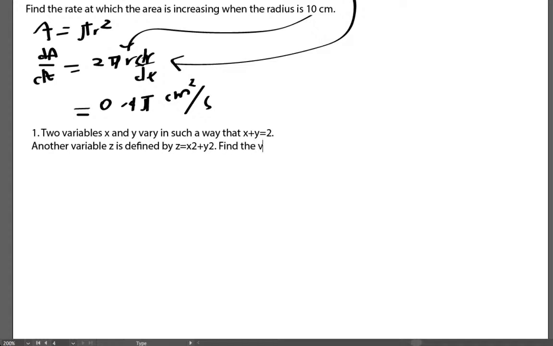Find the values of x and y that make z a minimum.